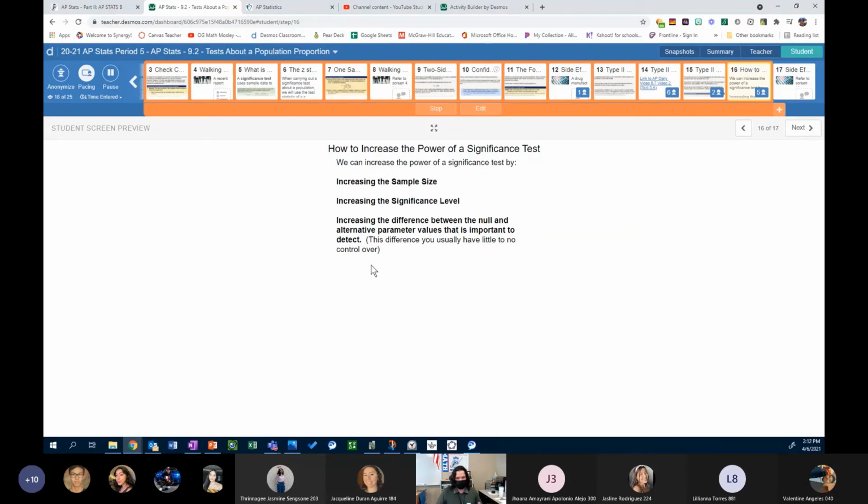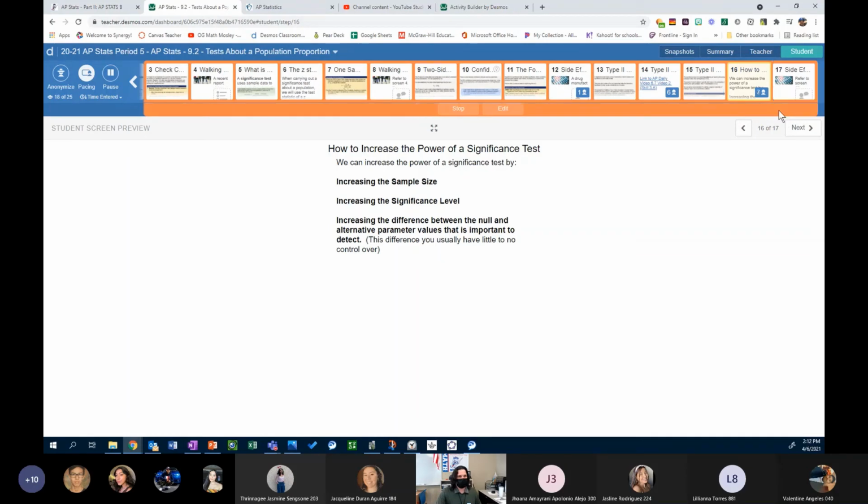The situations and experiments that we're being provided information for, that we're using in these problems, we can't really change what the parameters are. So we can't really use this one very often. So we usually will be able to increase sample size or increase significance level.